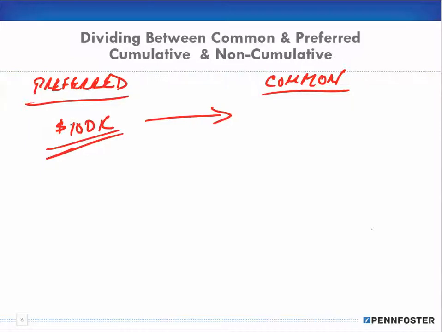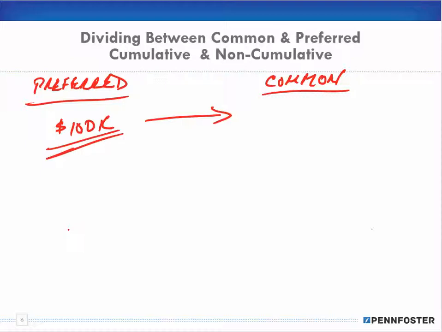Now notice I just changed the parameters. In the last example, I said 65%, and that means it was 35% here. But now, instead of a percentage, I'm saying it's a dollar amount: the first $100,000 will go to preferred, and anything remaining will go over to common.